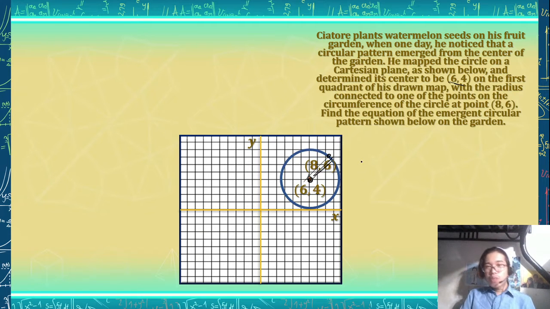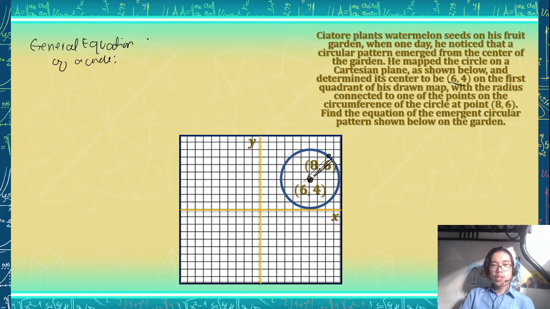So how can we solve this problem, guys? We're going to need to use the general equation of a circle. And what's the general equation of a circle? That's (x − h)² + (y − k)² = r².